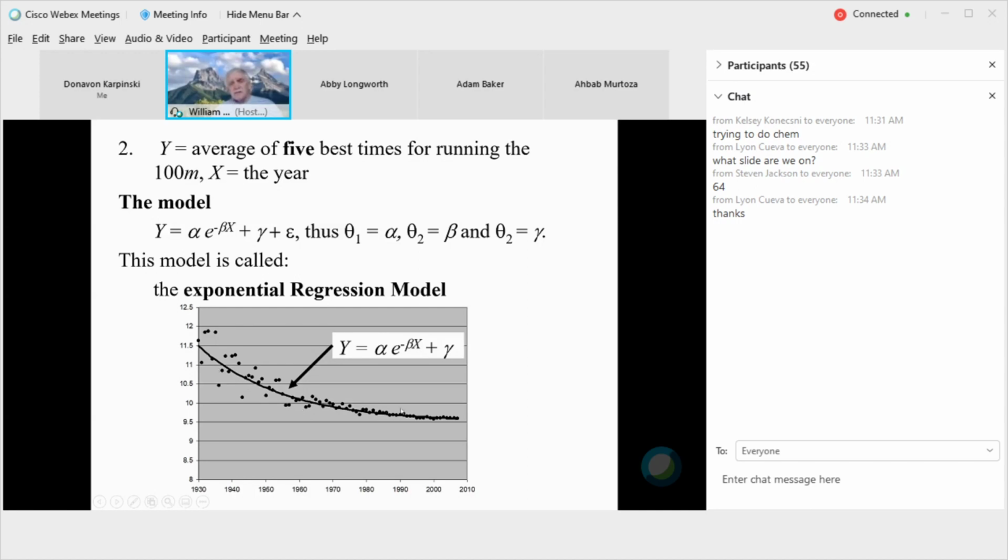An exponential curve flattens out at a limiting value, and the rate of decrease goes down as time goes on. So this is the function of x that we're trying to fit. Gamma is really the limiting value. Alpha is the height above that limiting value at time 0.